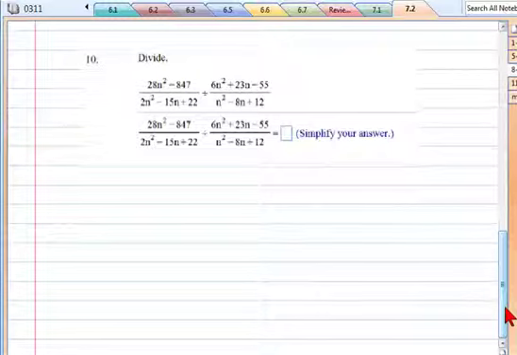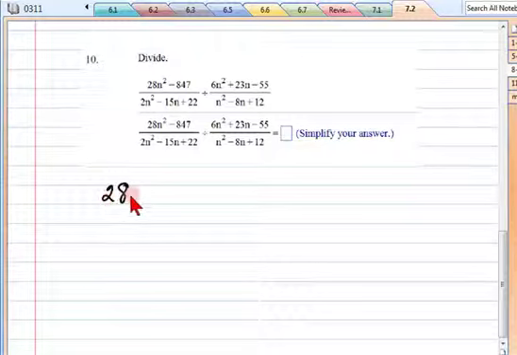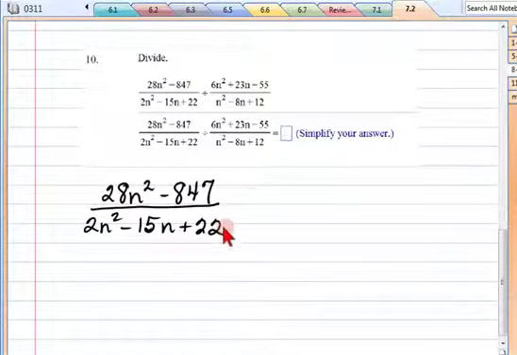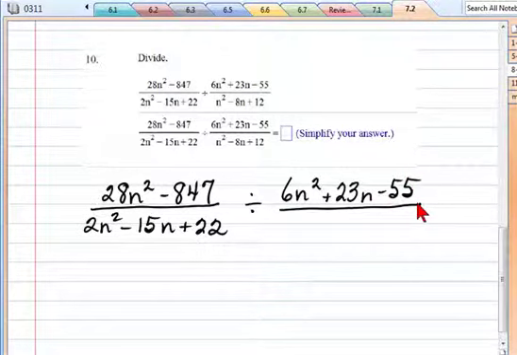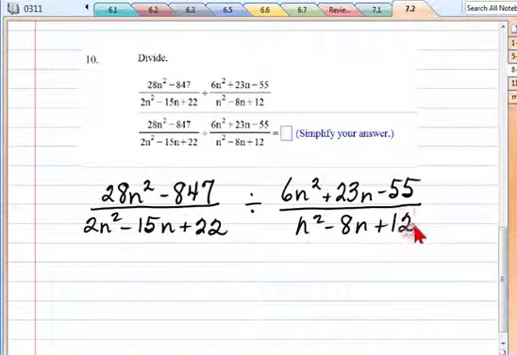All right, it is division, so let me write it out where those of you in the classroom can see it. It is 28n squared minus 847 over 2n squared minus 15n plus 22, divided by 6n squared plus 23n minus 55 over n squared minus 8n plus 12.